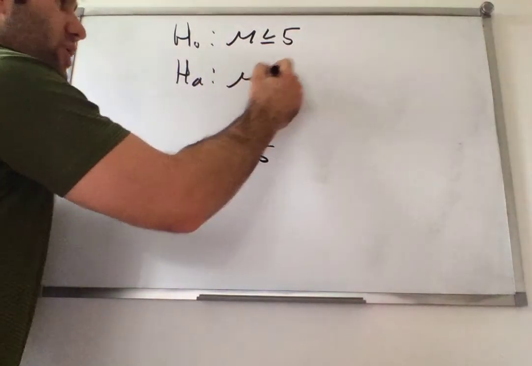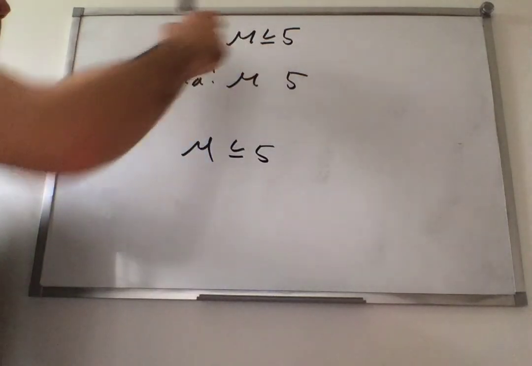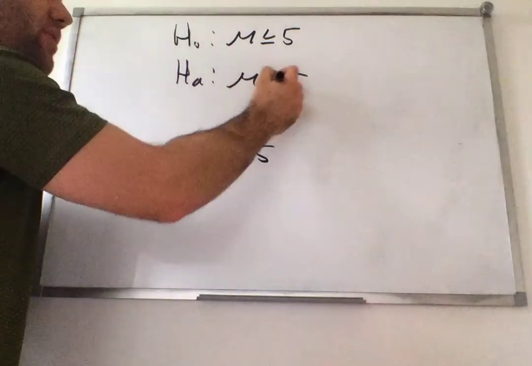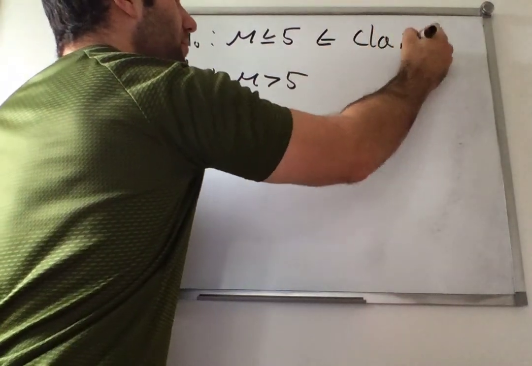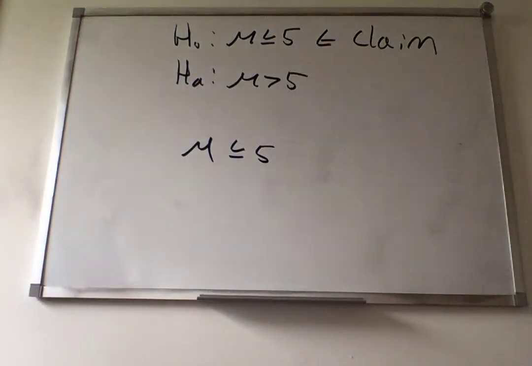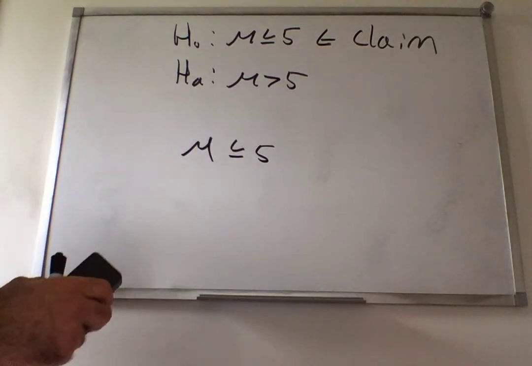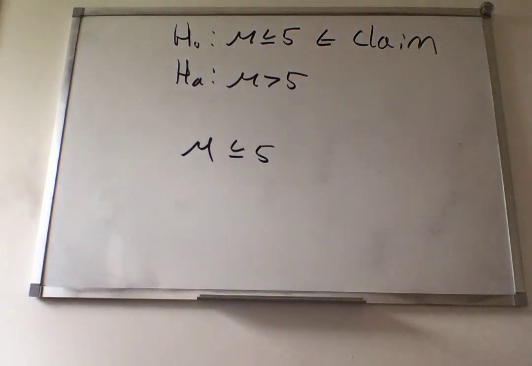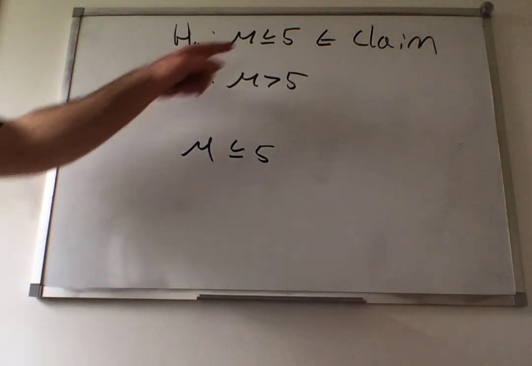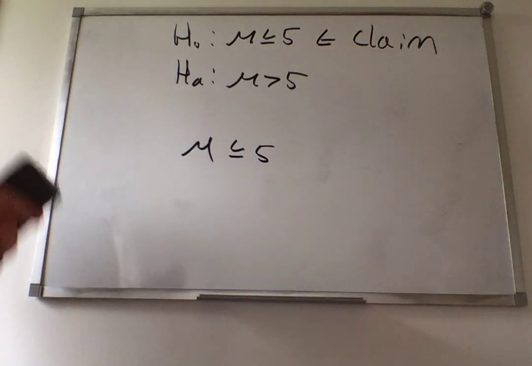So now we got a mu, we got a 5 here. This doesn't have the equal to sign. The opposite of a less than should be a greater than. This is an example where here's the claim. Now another way you could have said this is at most 5. So at most 5 would have meant the same thing, okay? Again, you got to read it very carefully and think of which inequality signs you are going to use, okay?